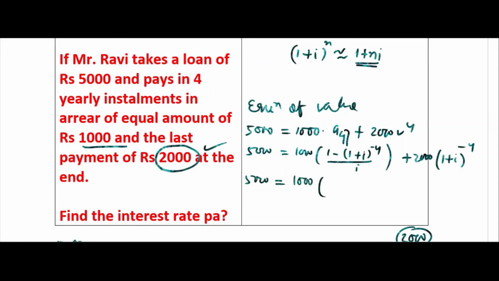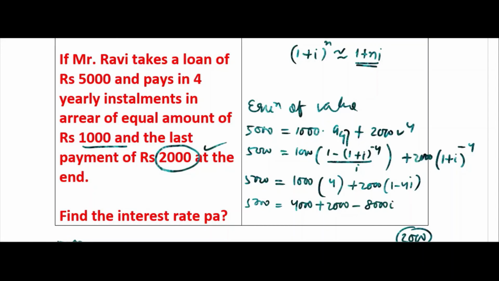So 1 and 1 will cancel, okay. Then you will get minus 4i here, minus minus plus 4i divided by i, that means you will get 4 here, and this side you will get 2000 times 1 minus 4i. So if you solve this, you will get 4000 plus 2000, 6000 minus 8000i.